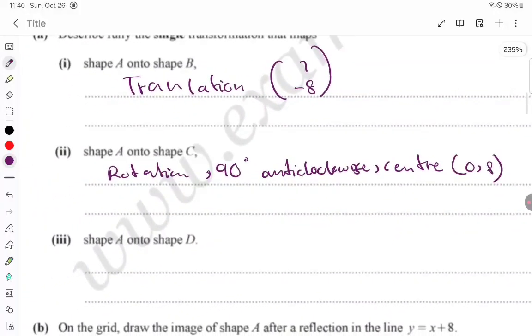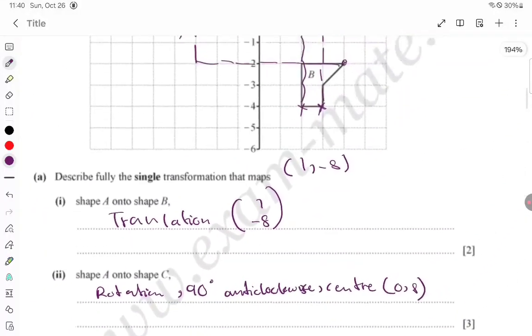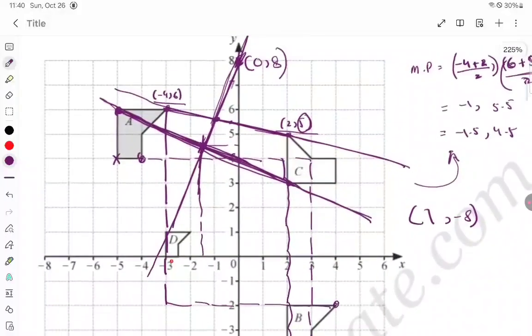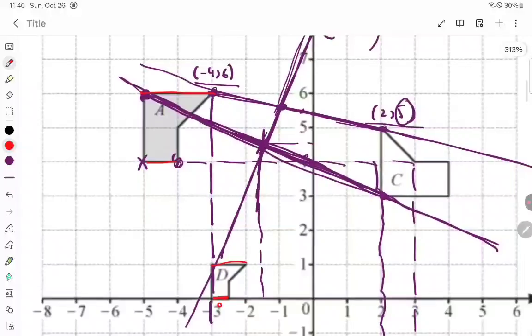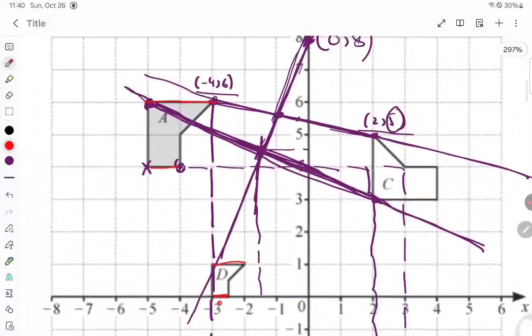Now shape A onto shape D. For that, simply join the lines, as it is not a rotation, it is just a diminished form of the A. As A, this is 2 unit, this is 1 unit, this is 1 unit, so this is 0.5 unit. By looking at the diagram and judging the calculation, we can say that this is a 0.5 diminished.